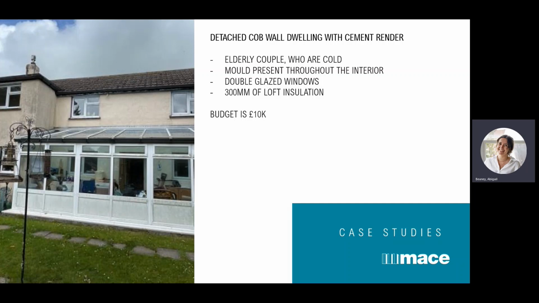We know that the double glazed windows are good, the 300 mil loft insulation is good, and with a budget of 10k, it would be very, very tight, maybe very unlikely that removing the cement render would be possible, but it would be a priority over anything else happening.